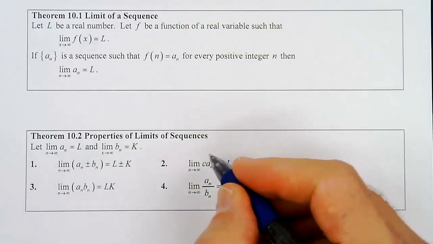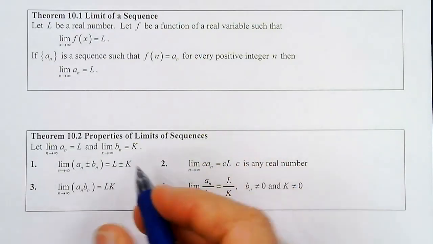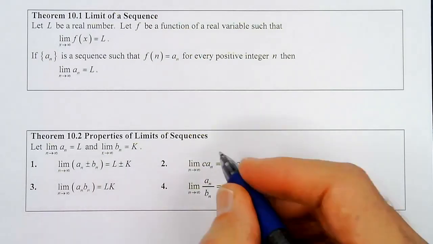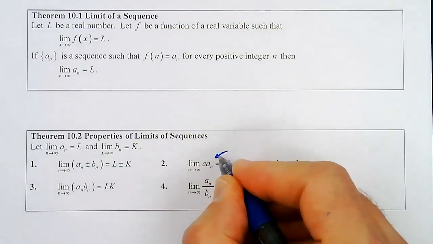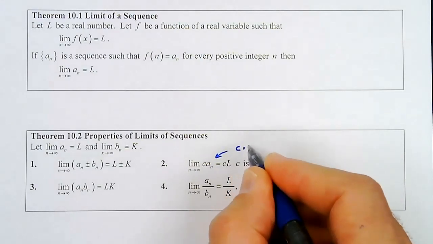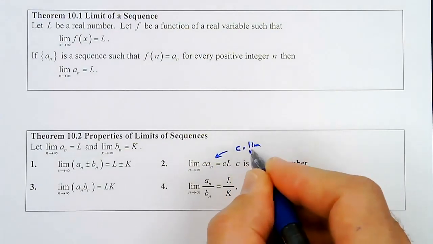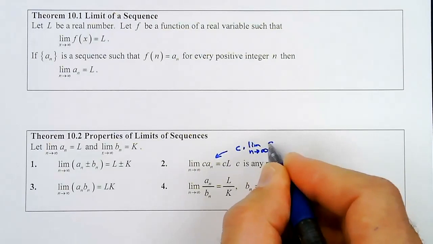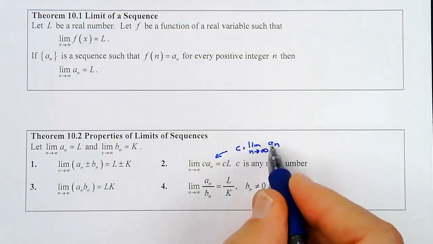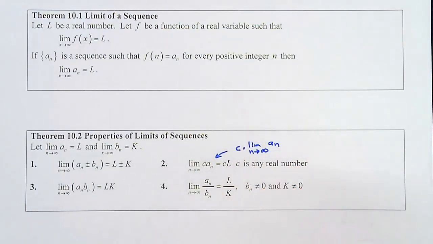So let me write this one out. What we're really doing here is C times the limit as n goes to infinity of a sub n. And so this becomes L, and it would be C times L.